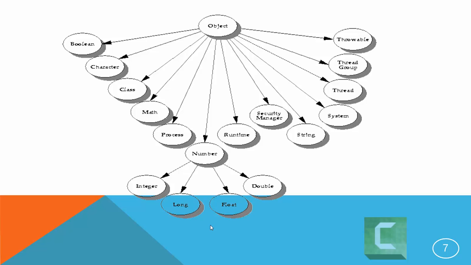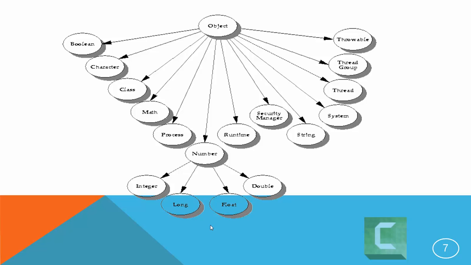Next one is non-primitive data type, which is a very huge area. You can say that any data type which is not primitive is a non-primitive data type. The list is very huge. So this is some example: Boolean, character, math, process, number, integer, long, float, double.